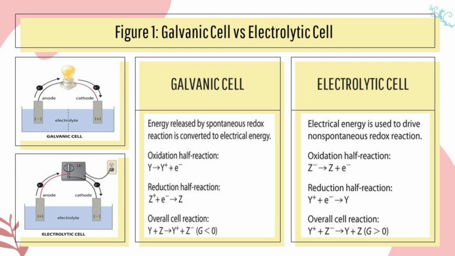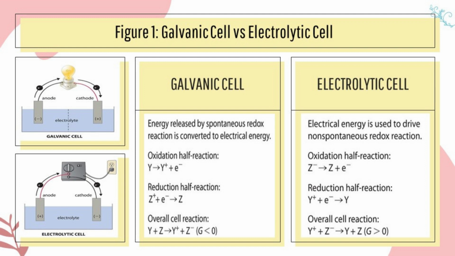Okay, so next we have here the reduction half reaction. So we have here both of the galvanic cell and electrolytic cell starting off with a charged particle as their reactant, and it will then produce a neutral substance.